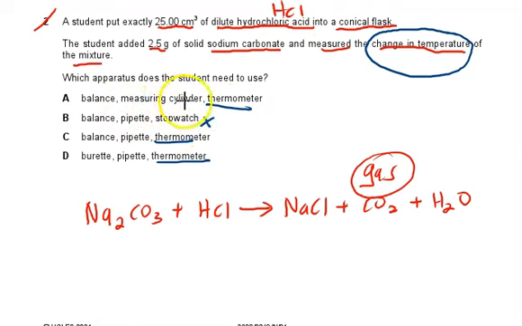Then we have a measuring cylinder and also a pipette. Here the volume is only 25 cm cubed, which is quite small for a measuring cylinder, so we don't use this. Now we need to measure this 2.5 g, so we need a balance. The best answer here will be balance, pipette and thermometer. So your answer is C.